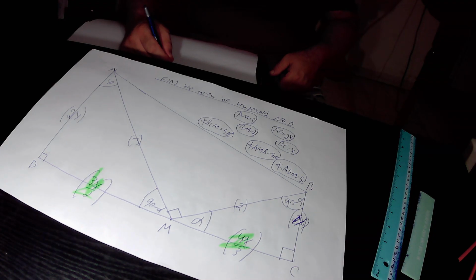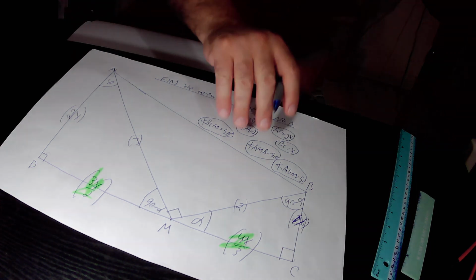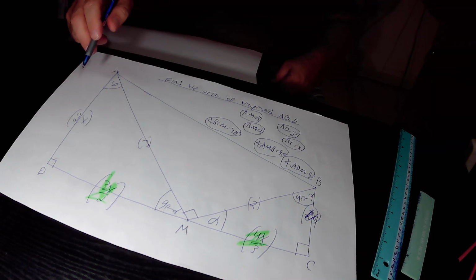According to the formula that I presented to you in the beginning of the lecture, the area of trapezoid ABCD must be equal to the sum of its two parallel bases, that is AD plus BC, times the height, that is DC, over 2.